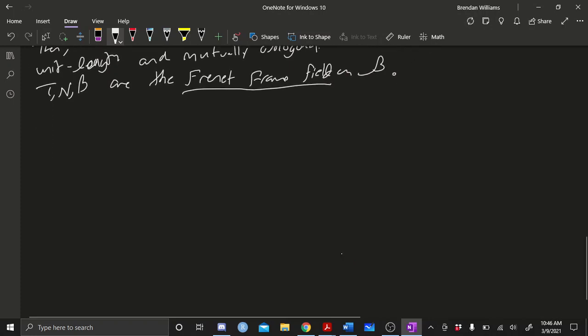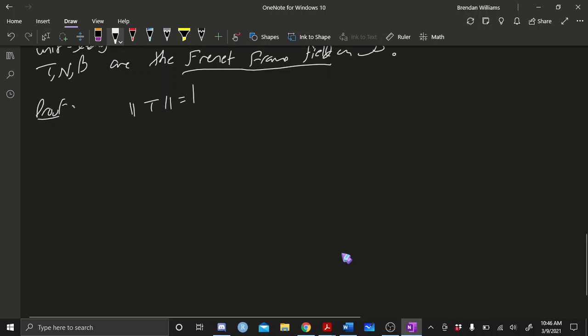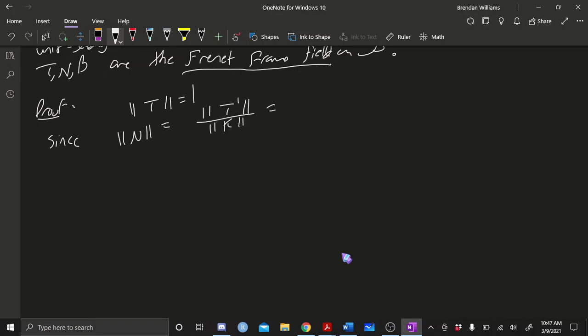Okay, so for the proof, by definition, the norm of T is equal to 1, and also the norm of N is equal to the norm of T prime over kappa, which is equal to the norm of T prime over the norm of T prime.